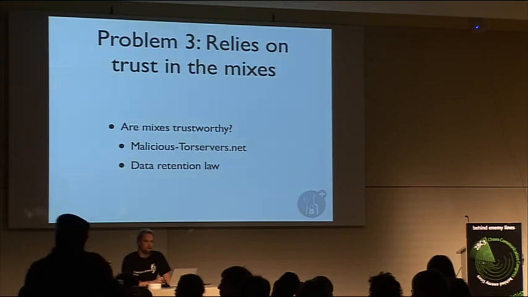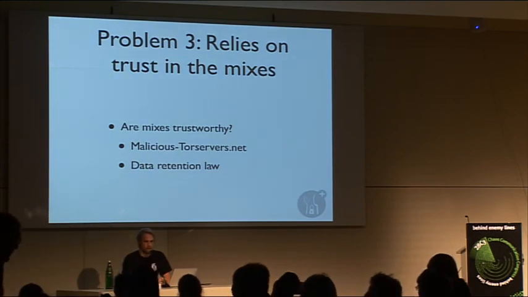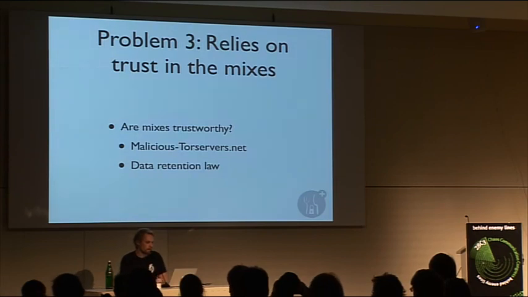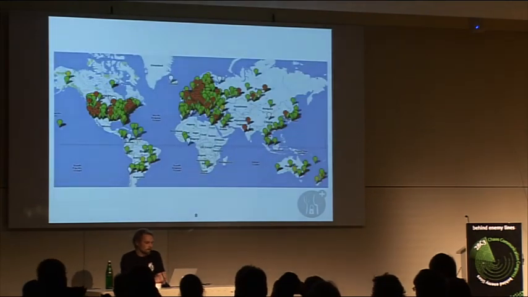So if a law would force the operators of anonymity services to open up all the connections and all the mixing techniques that they are doing, then the anonymity would be easily unveiled, as you can see in this picture.